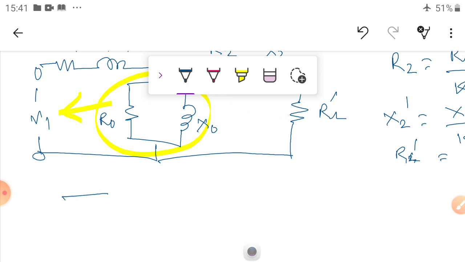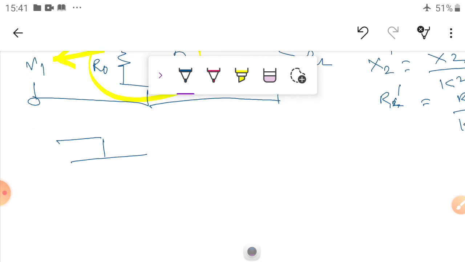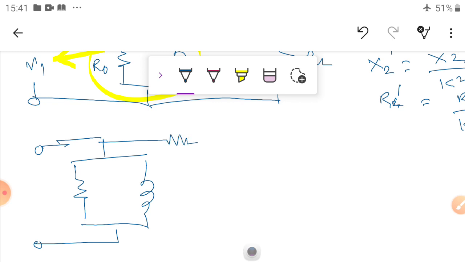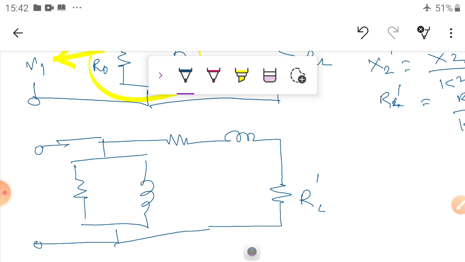This is RL dash. This is known as R01, X01, along with X0 and R0, and this is the I0 current.